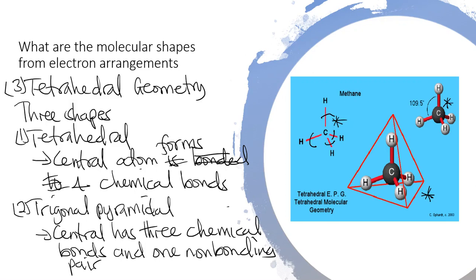So an example is ammonia. You can see it looks like a pyramid. So three chemical bonds here and one lone pair. That is trigonal pyramidal shape. But the geometry is still tetrahedral.